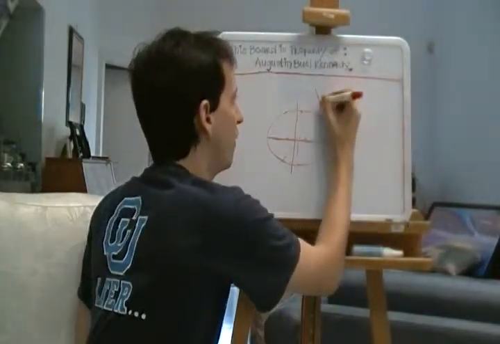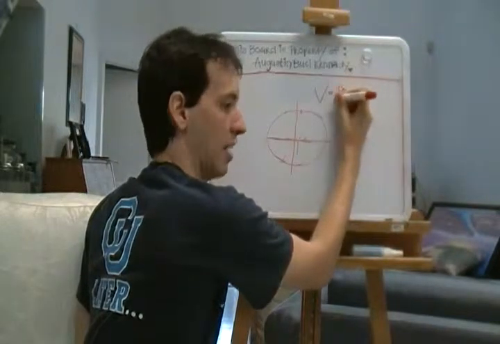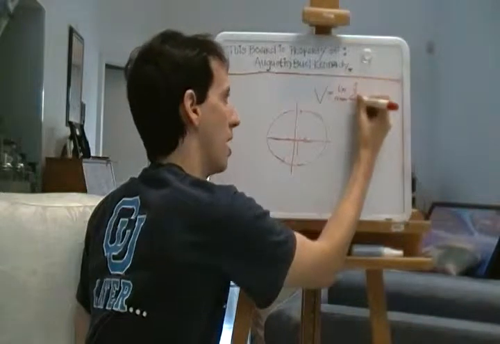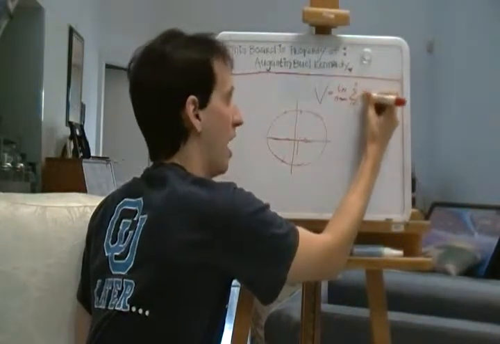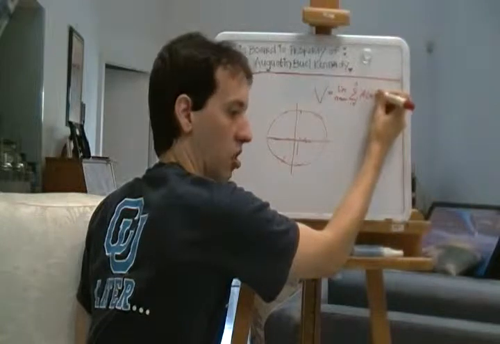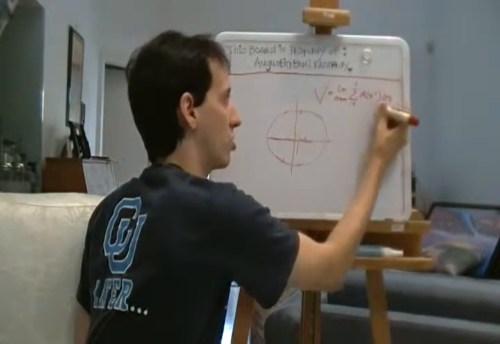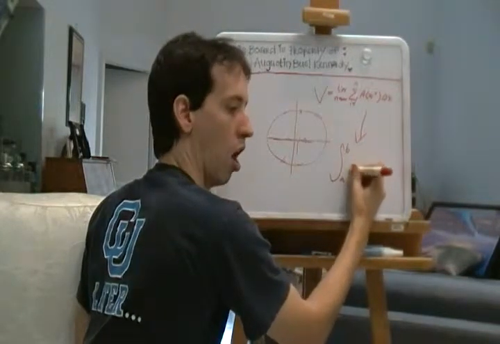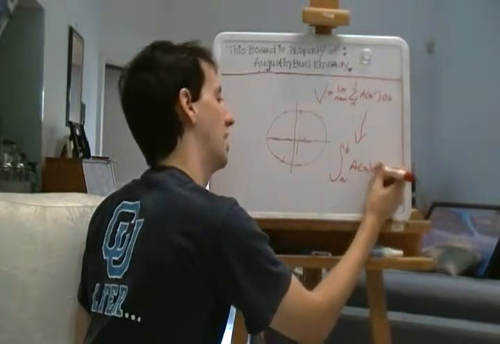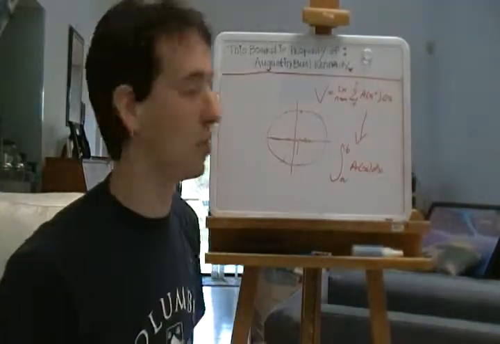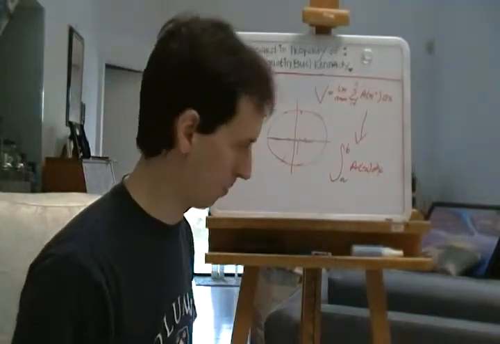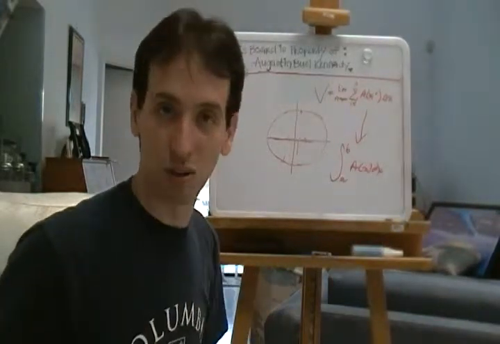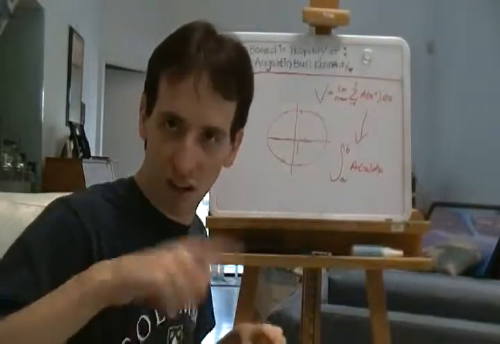Alright, well that's the idea of volume. Volume we can view as the limit as n approaches infinity of the Riemann sum, i equals 1, of A(xi star) delta x, or more simply, the integral between a and b of the area dx. This is pretty simple. The only geometry you'll really need to know here, and the most important one, is the area of a circle, because we're going to be dealing with cross sections that are slices.